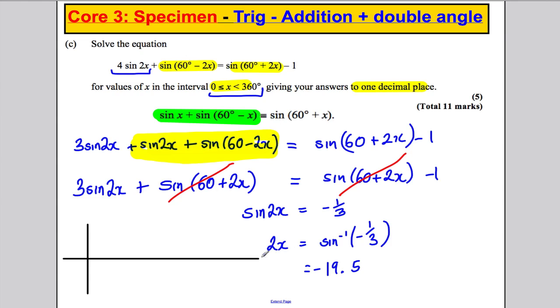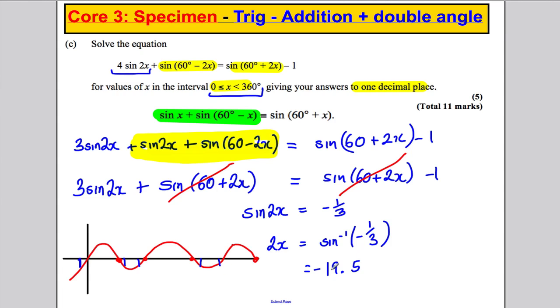Now, because we've got 2x, we're going to double everything, so I'm going to slightly go beyond this side, so 180, 360, 540, 720. So negative 19.5 is somewhere here. So I'm going to have a solution here, here, here, and here.